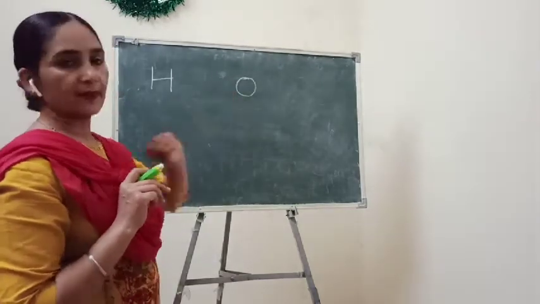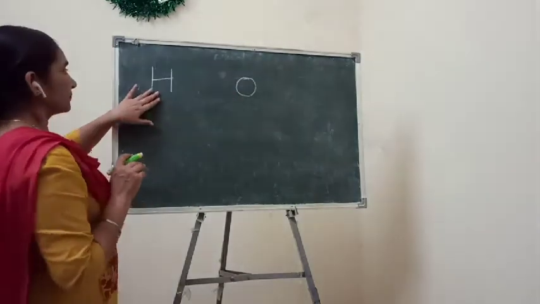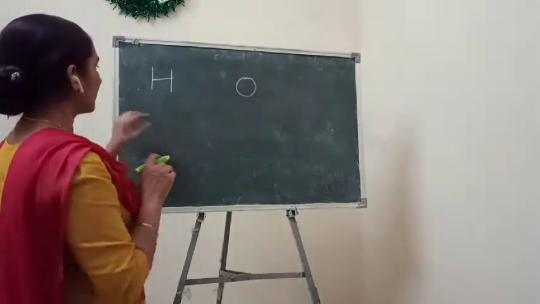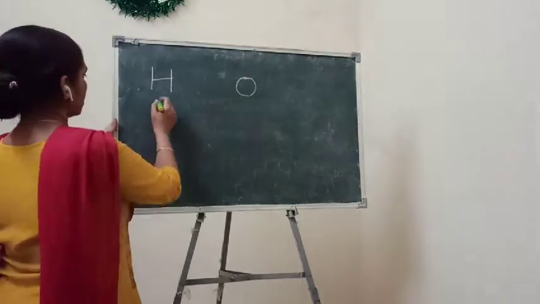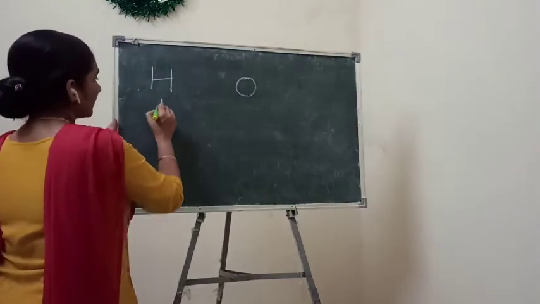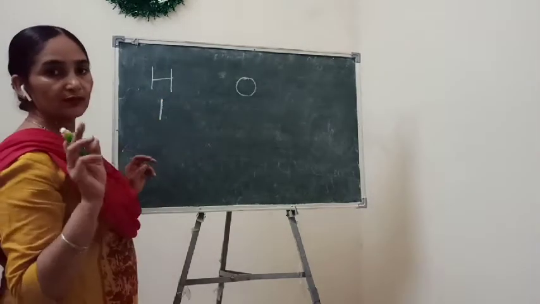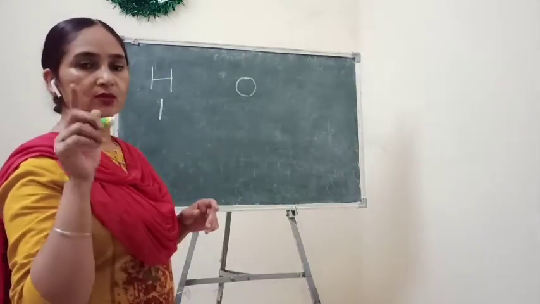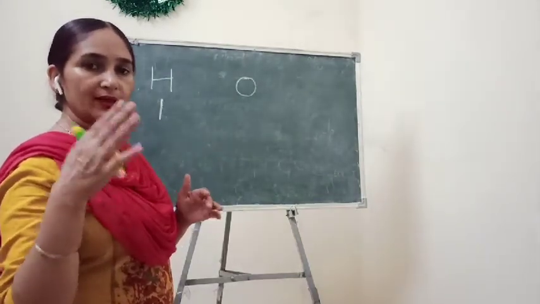So we write them separately. And here, the valency of hydrogen we write below the H. Valency of hydrogen is 1. In the valency table, I have given you one table also. I told you to learn all the valencies.